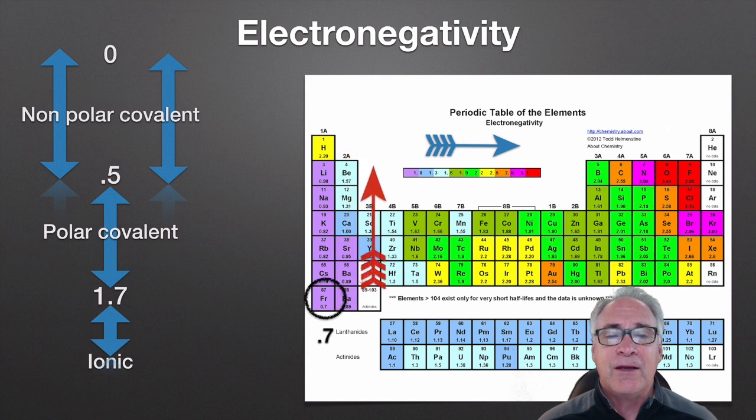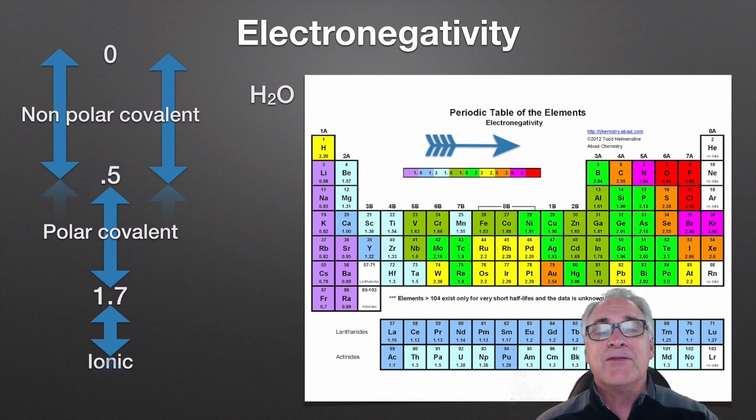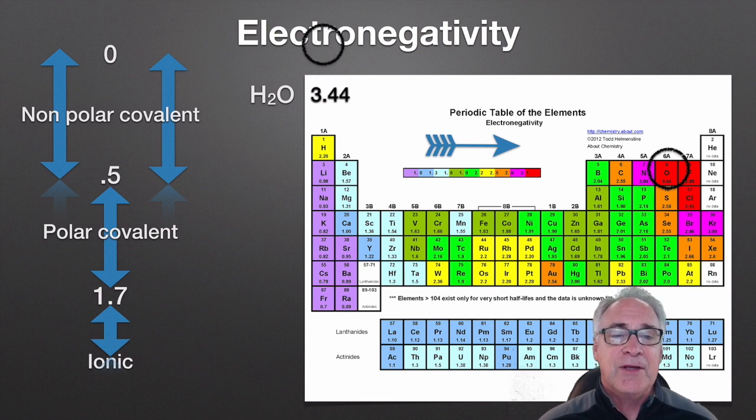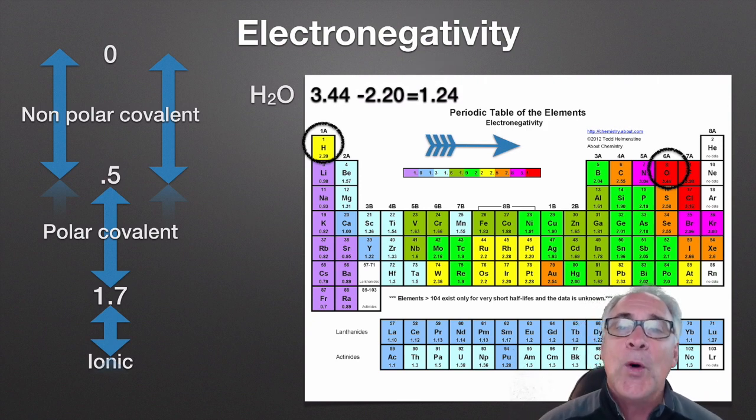Let's clear the deck a little bit so that we know what we're doing here. We're going to first start with water, H2O. We want to see what the electronegativity difference is between hydrogen and oxygen. I'm going to circle oxygen first so you can see that it's 3.44 in electronegativity. Then we look at hydrogen, and we subtract 2.2 from that, and we get a number of 1.24.